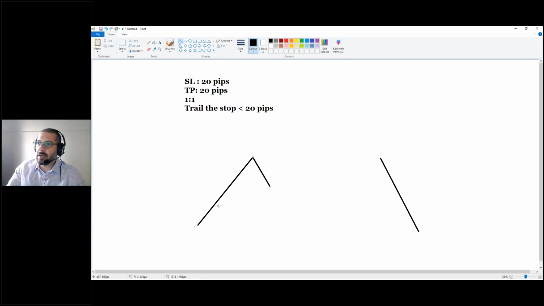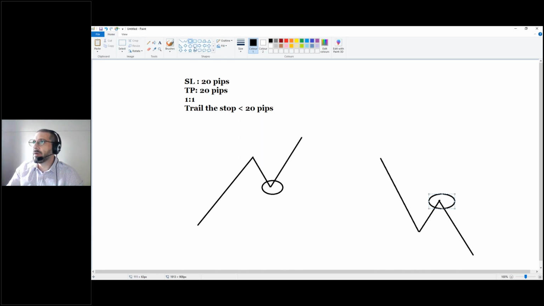So if the impulse up corrects to the downside, we're going to try and get in on the correction. If the original impulse is to the downside, then we're going to wait for the correction, bounce up, and try to get in on the correction. That's the basic strategy.